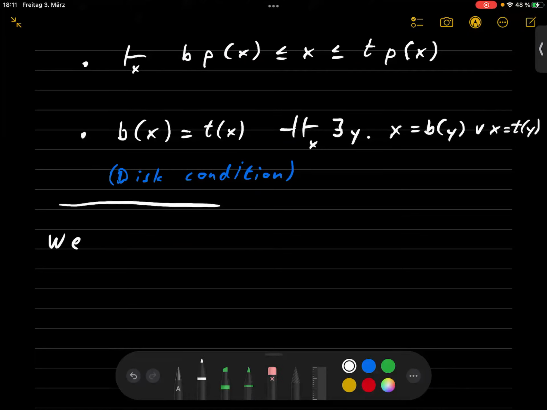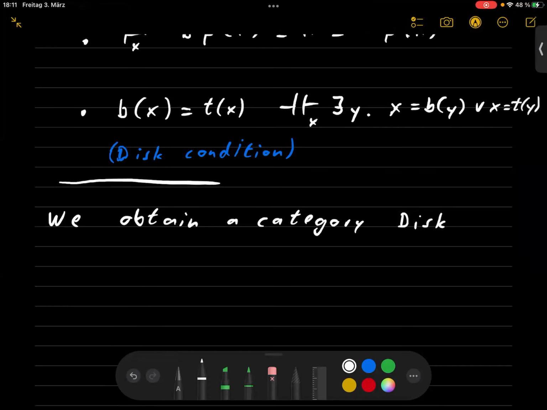We obtain a category Disk, which has exactly these models as objects, and we can also consider this in an arbitrary category which has enough structure.